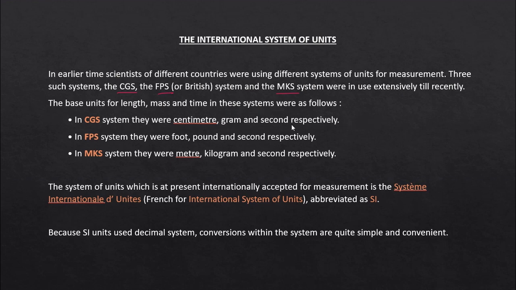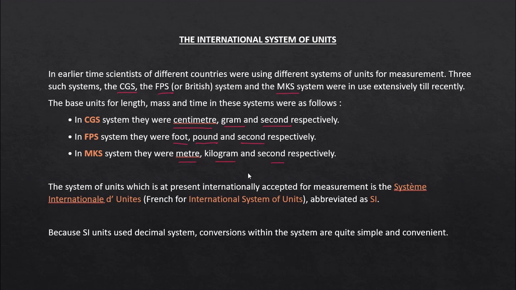In the CGS, the length was measured as centimeter, the mass as the gram and the time as the second. In the FPS, the length was measured as foot, the weight was measured as pound and the time as second. In the MKS, it was meter, kilogram and second. So these are the systems of units which were used in different countries.